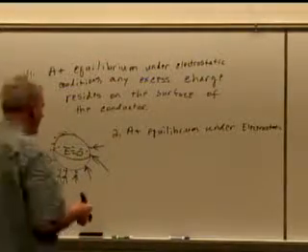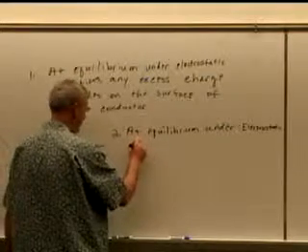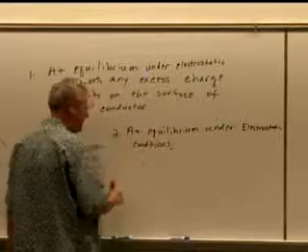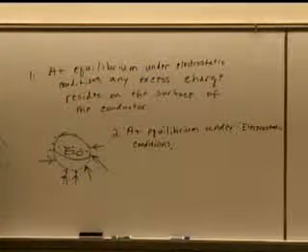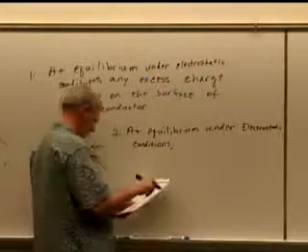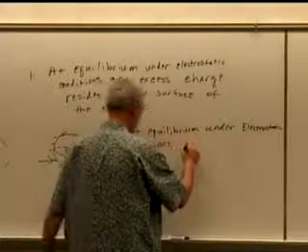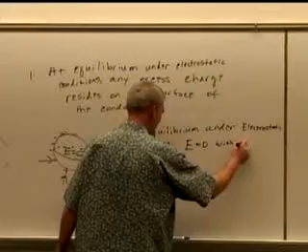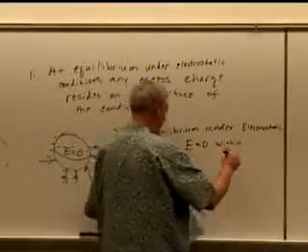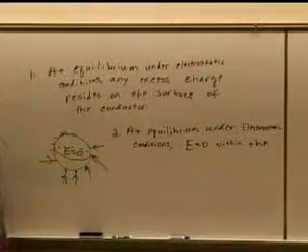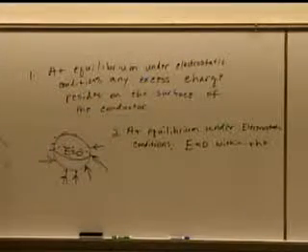We're just under electrostatic conditions, which don't really happen, but it gives us a launching point to learn about electricity. It lays the foundation. At equilibrium, E equals 0 within the conducting material. It doesn't matter if it's a shell or a solid ball. E is equal to 0.